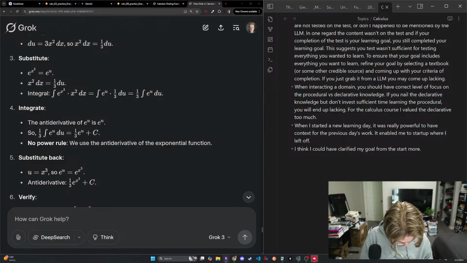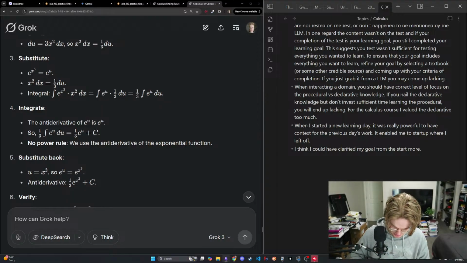Maybe we'll go back. When I said index initially, I meant table of contents. We're actually going to the index now. And I'm going to look up to see if we have power rule.